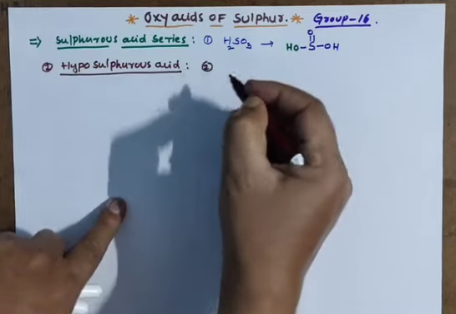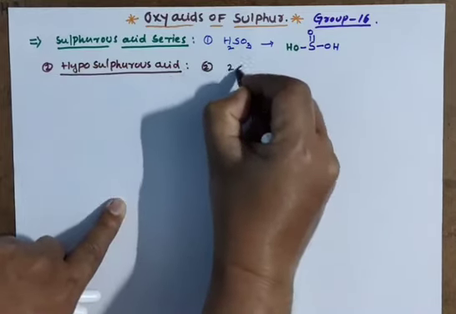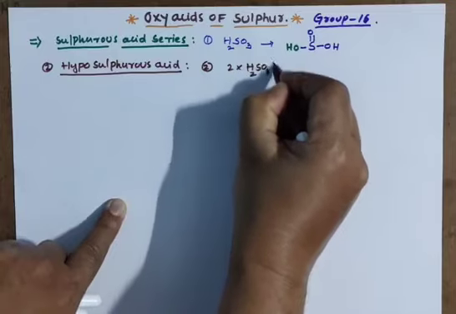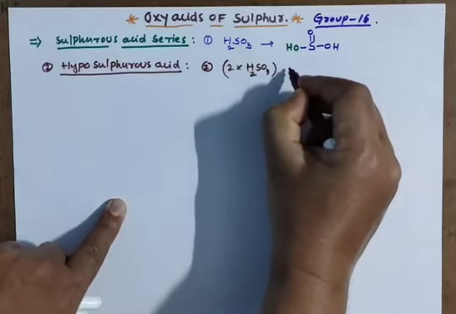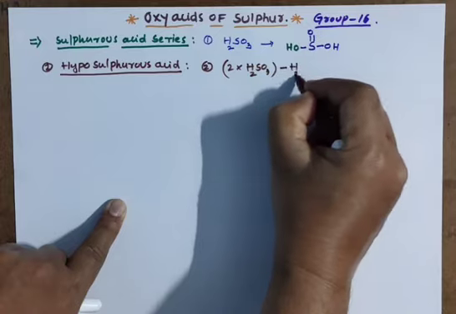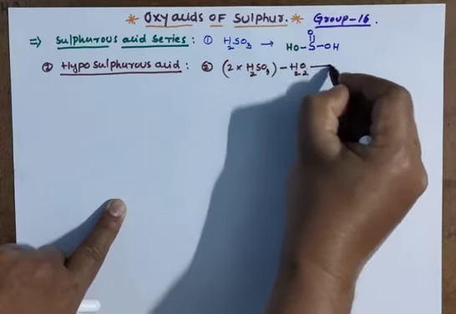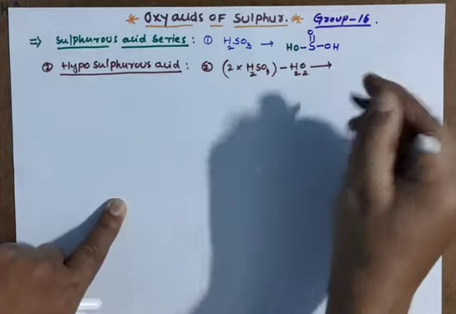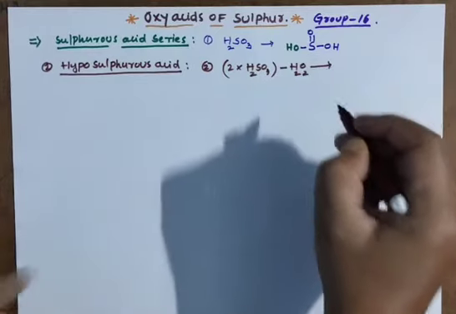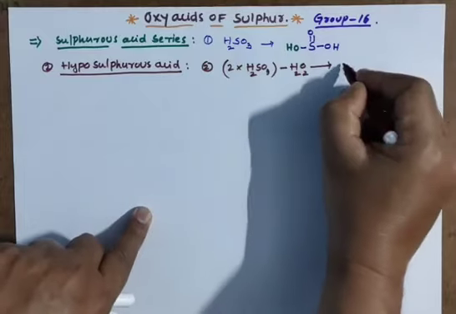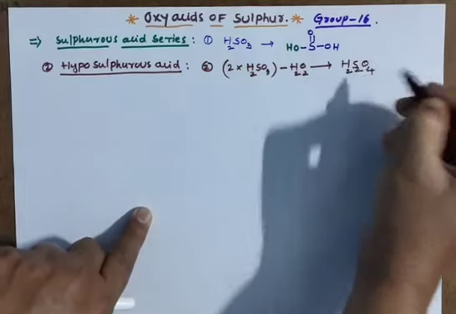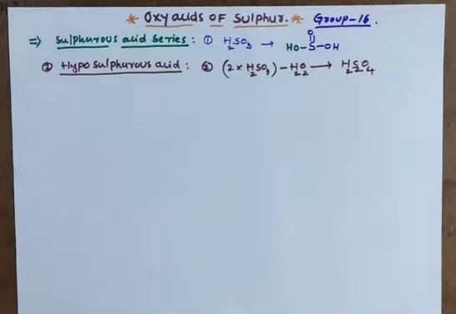I am giving a trick: 2 into sulfurous acid minus H2O2. Then what formula are you getting? H2S2O4. This is hyposulfurous acid.